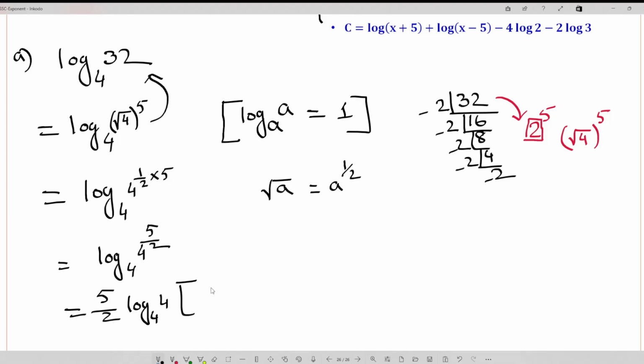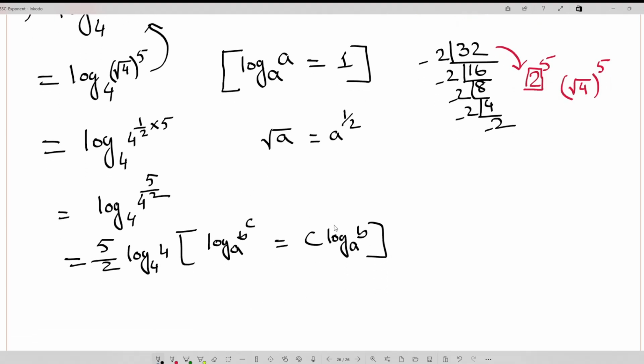Why can we write like this? We know log base a of b to the power c, we can write as c times log base a of b. So now look, 5 by 2 and this one becomes 1.